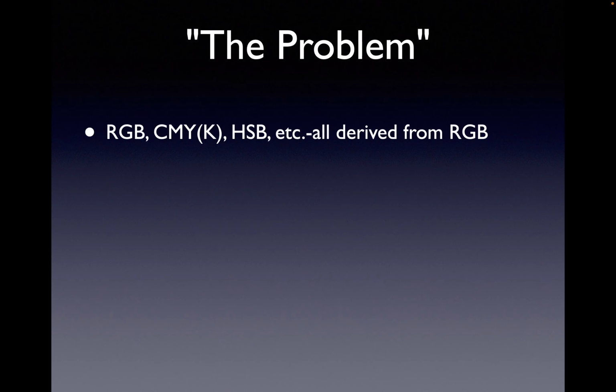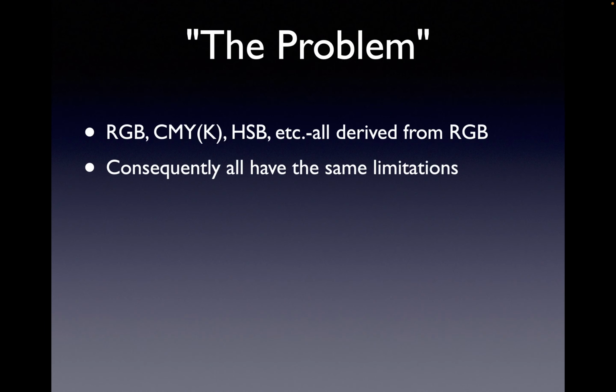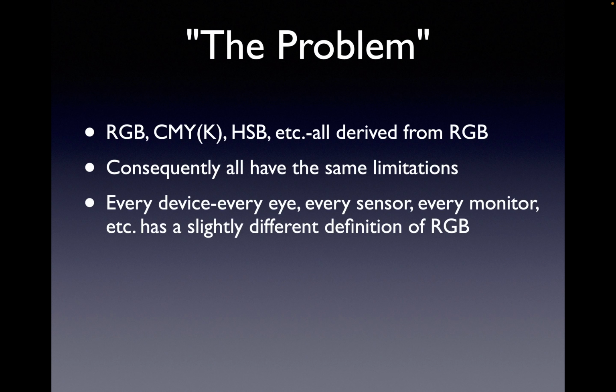RGB and CMYK, HSB, all of these are derived from RGB, and as a result, they have all the same limitations that RGB has. Every single device, every eyeball in the world, every monitor, every sensor, every projector, anything that deals with a digital image has this very same problem.